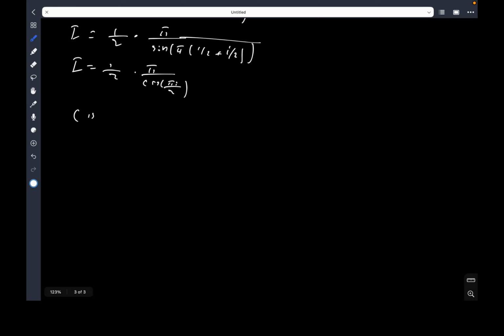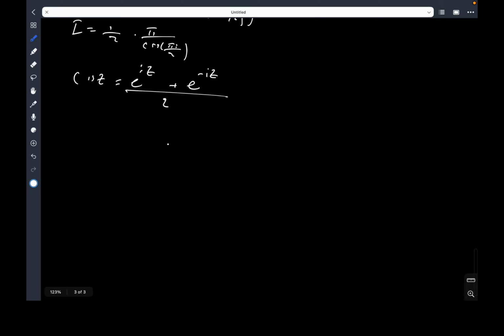Now remember, cosine z of a complex number is e to the iz plus e to the negative iz over 2. Now I'm going to place i pi over 2. This is going to be e to the i squared pi over 2 plus e to the negative i squared pi over 2, over 2.